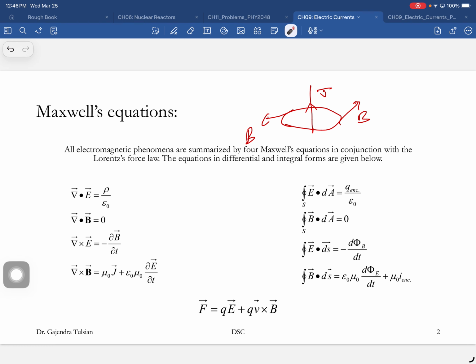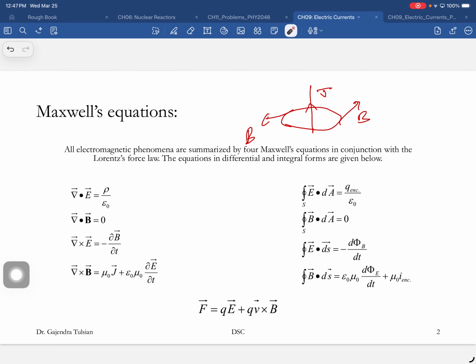Similarly, we just saw this part of the equation in the last chapter. The second part of the equation is telling you that currents, moving charges, produce magnetic fields. So how do you think you detect magnetic fields?